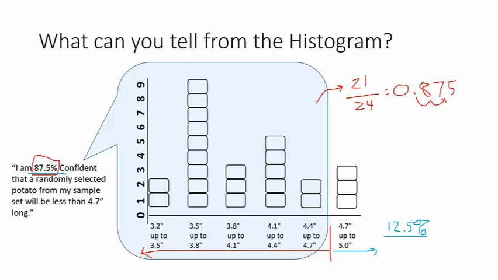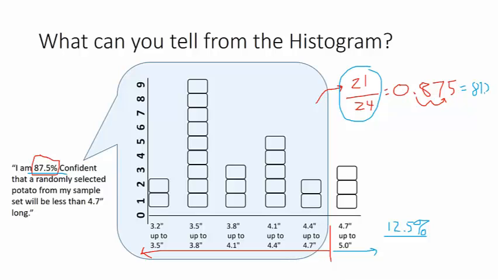The fundamental thing about statistics is really just counting items, and then figuring out what the chances are of me getting an item when 21 out of 24 potatoes in my bag are within that range.